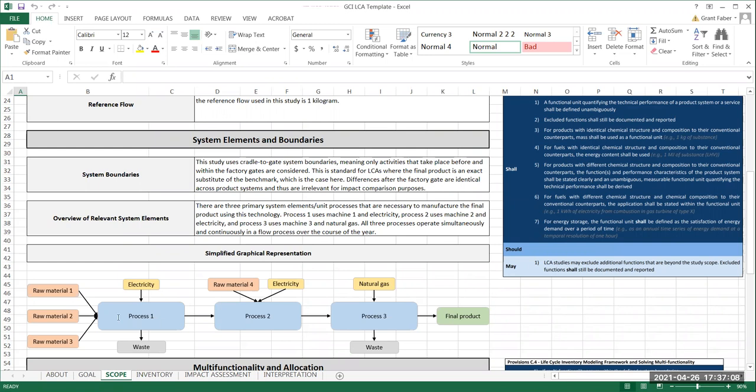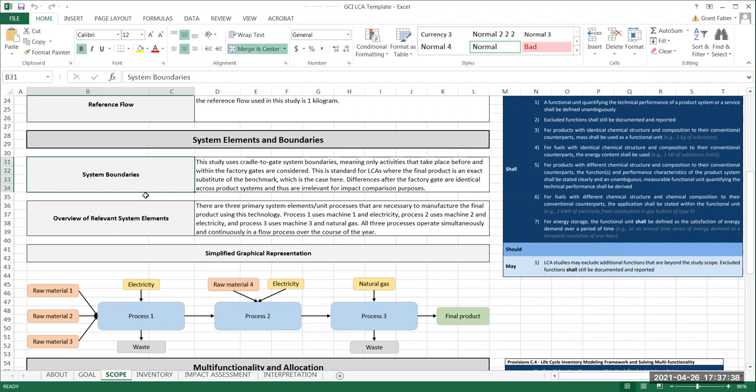What you can see is that we have this system, with process 1, process 2, and process 3, and these are all transforming raw materials using energy while also producing waste in order to get to this final economically or technologically useful product. That's the purpose of this whole process. And so it's really important to outline what exactly is going into this and what's being assessed.